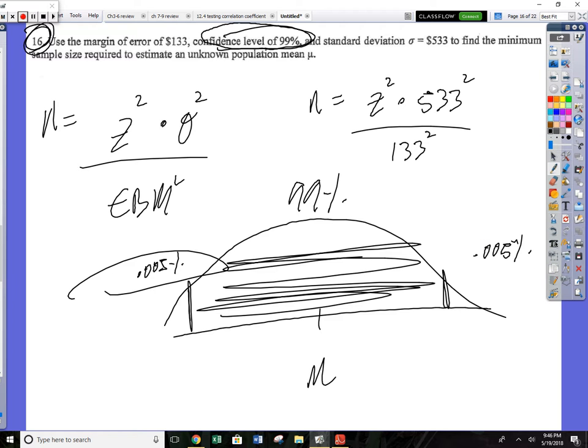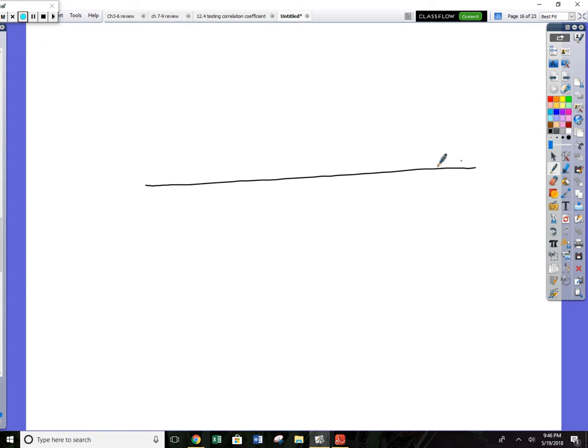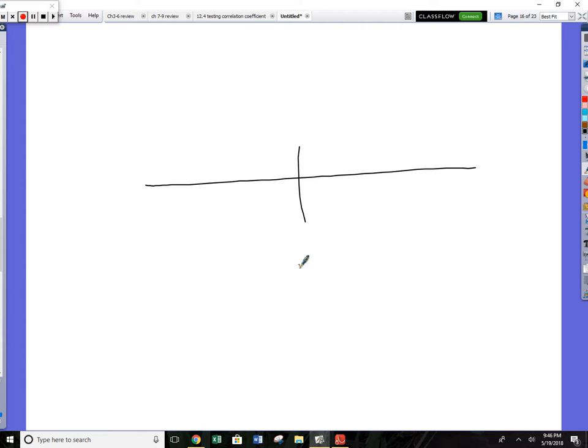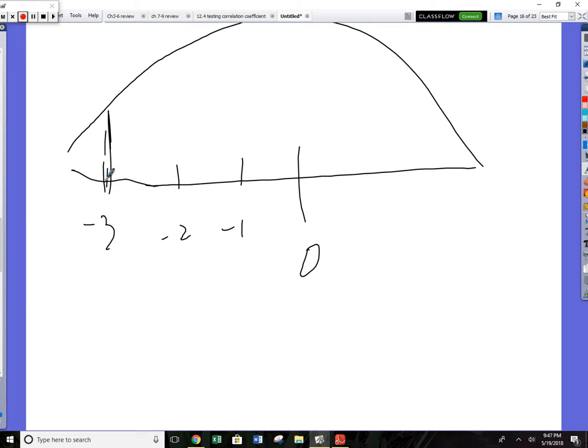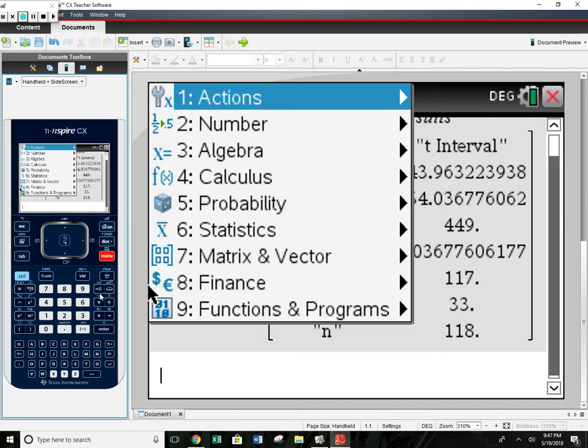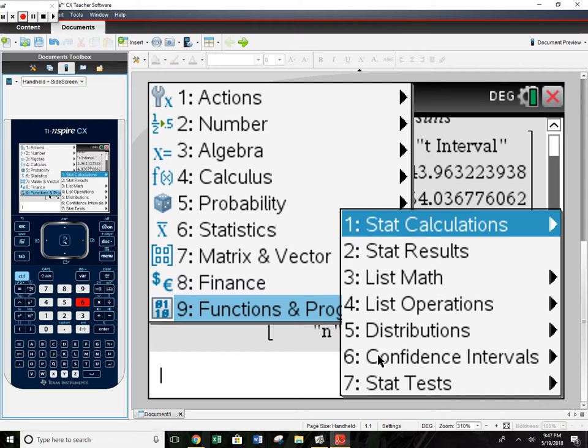So to do that, it's pretty easy actually. So your Z table, your mean is always 0. And we are going to count always by ones. That's -1, -2, -3. Now the question is, I want to know, where does a 0.5% lie? And I'm assuming, before we do anything, a 0.5%, you assume it's going to be pretty close to the tail. Somewhere maybe beyond the third standard deviation, maybe between the second and third. So here we go. We're going to go menu, 6. And it's a distribution.